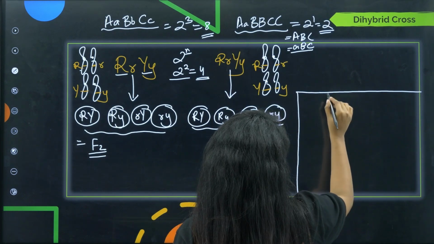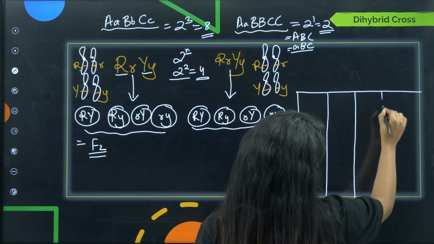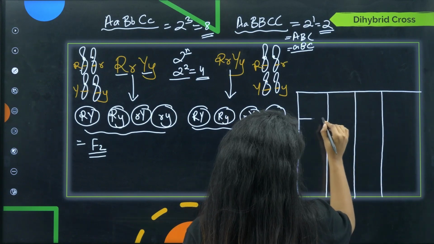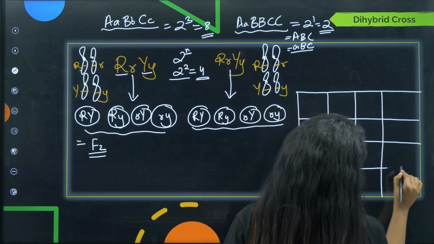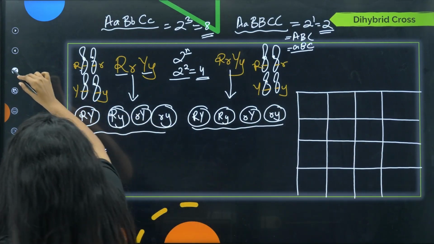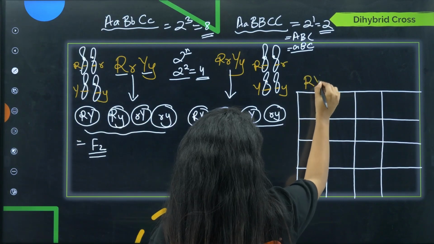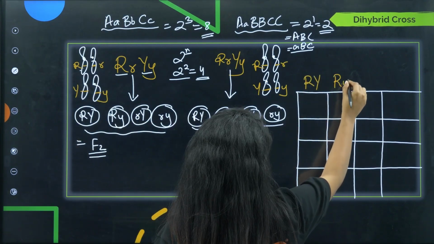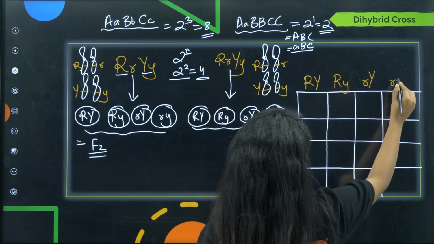Okay. So we have to make 1, 2, 3 and 4. Similarly, 1, 2, 3 and 4. Now let's write capital R, capital Y; capital R, small y; small r, capital Y; small r, small y.